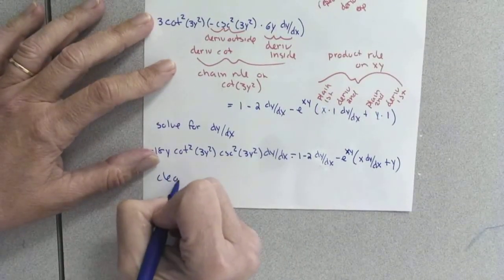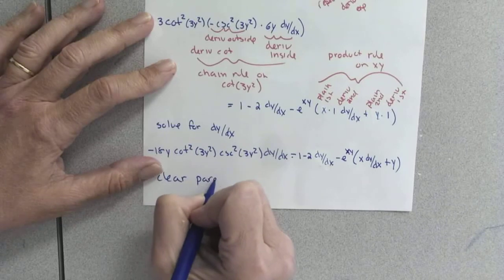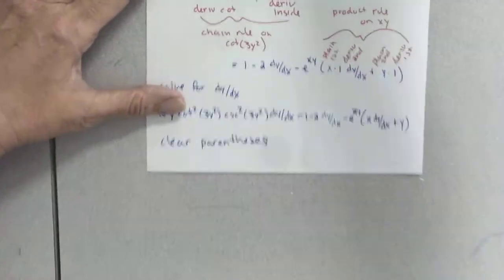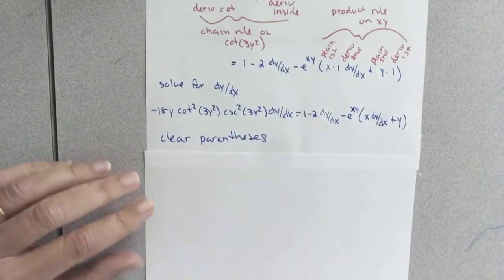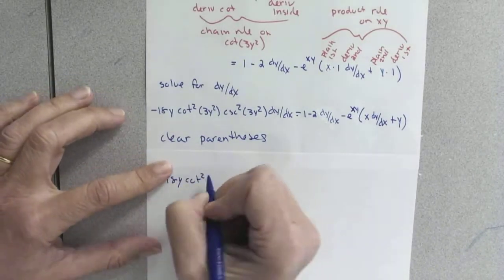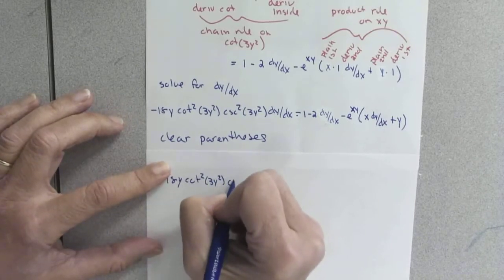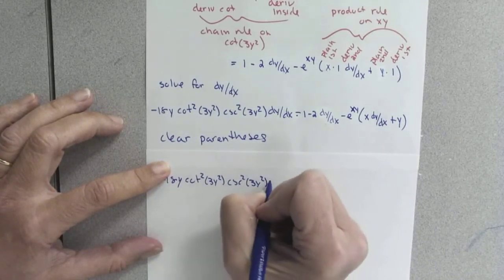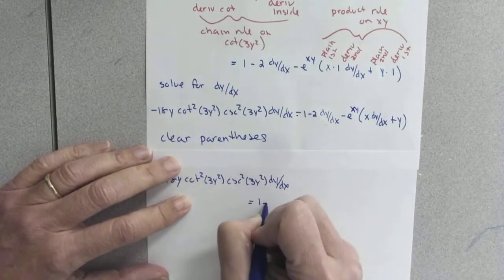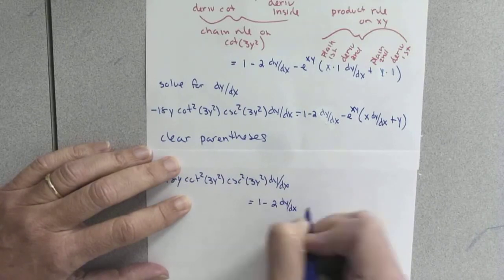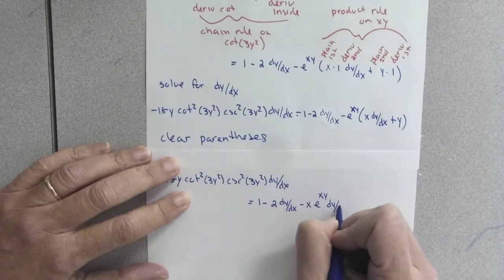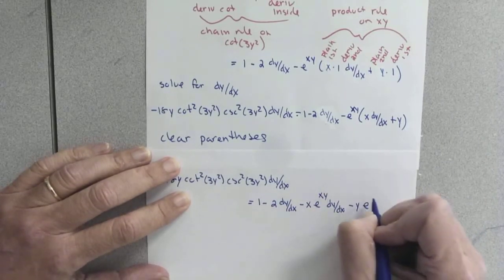Next, clear my parentheses. So negative 18y cotangent squared 3y squared cosecant squared 3y squared dy dx equals 1 minus 2 dy dx minus x e to the xy dy dx minus y e to the xy.